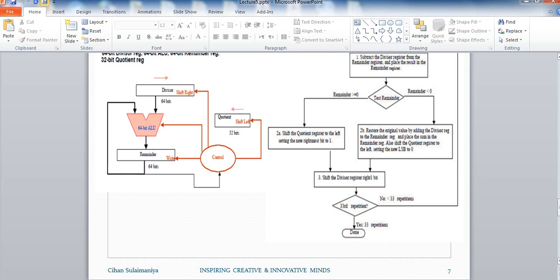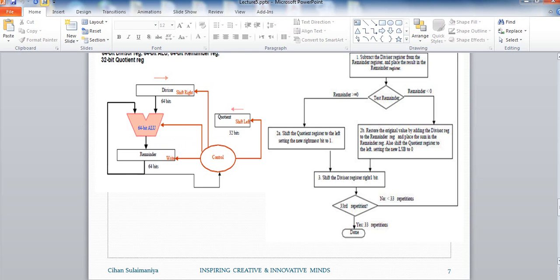For hardware version 2, as I explained, multiplying hardware version 1 and version 2 have exactly the same idea as divider hardware version 1 and version 2. Now here you have 64 bits for the divisor and 64 bits for the arithmetic logic unit.